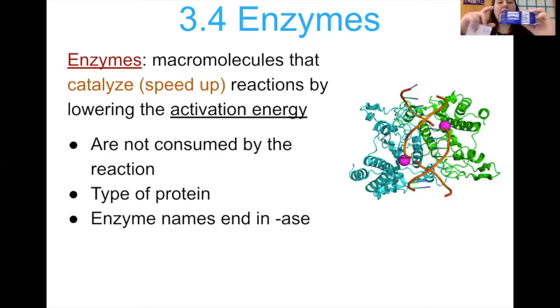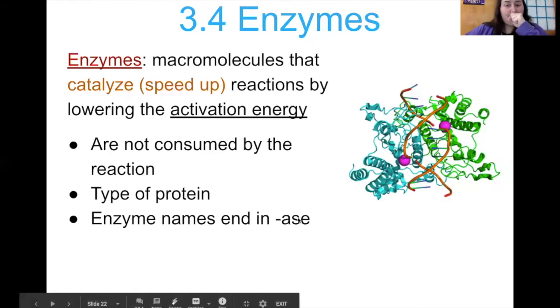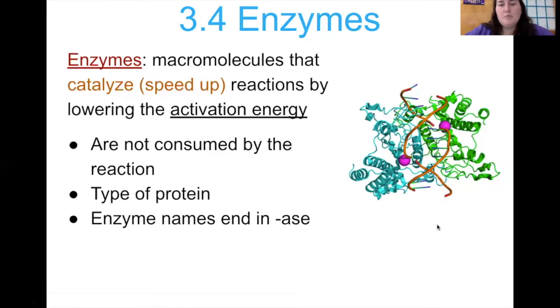It actually says right there on the box that it is a lactase enzyme supplement. Wow. There's a bunch of different ones, but as long as it ends in ASE, it is an enzyme, a protein.